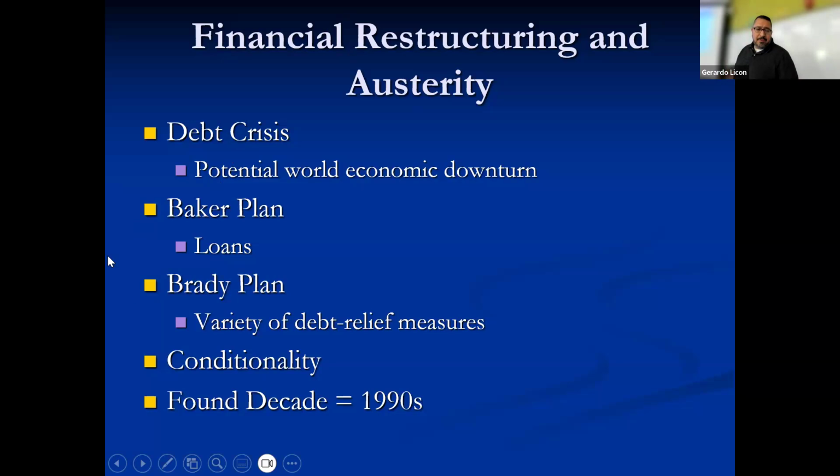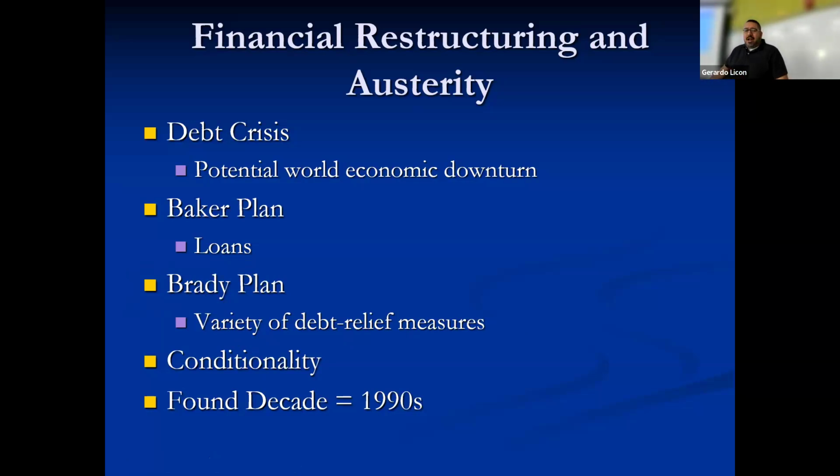So here's a couple different plans we get introduced to. One was the Baker Plan, to give more loans and buy more time for these Latin American countries to be able to make payments on their debt. Then after that came the Brady Plan, which gave a variety of debt relief measures. Clawson argues that the Brady Plan was more effective than the Baker Plan.